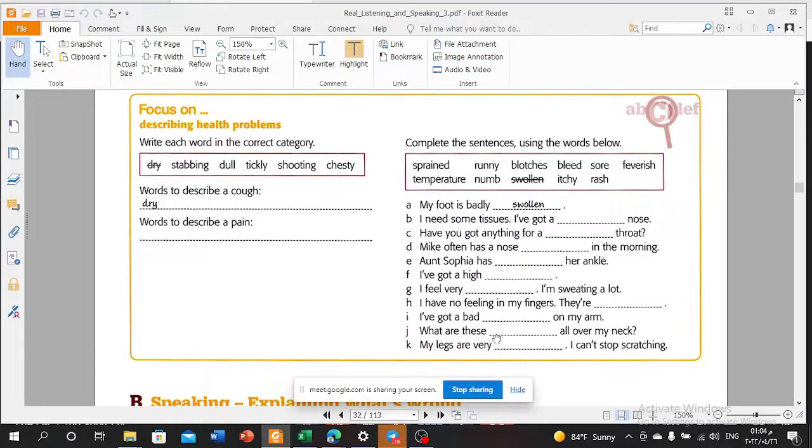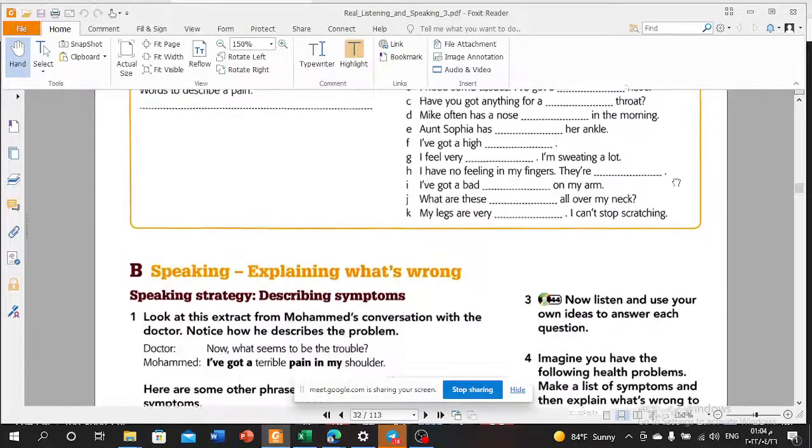So my legs are very itchy. I can't stop scratching. So these are certain expressions that are used in sentences which describe some health issues we have.